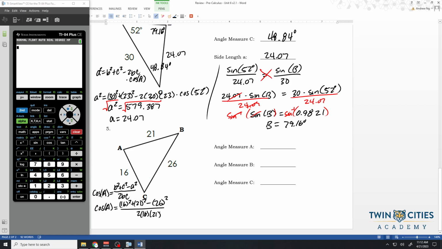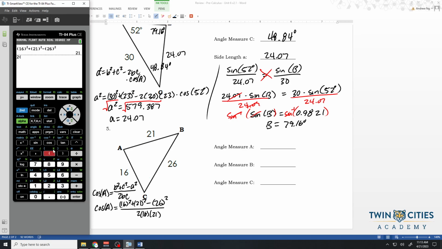Okay, be really careful when you put this in the calculator. I'm going to do the top part separate from the bottom. So this will be 16 squared plus 21 squared and then minus 26 squared. Okay, so 16 squared plus 21 squared minus 26 squared, that's 21.